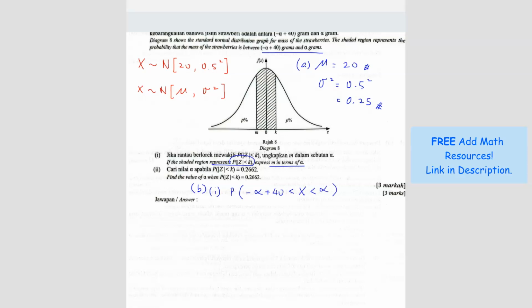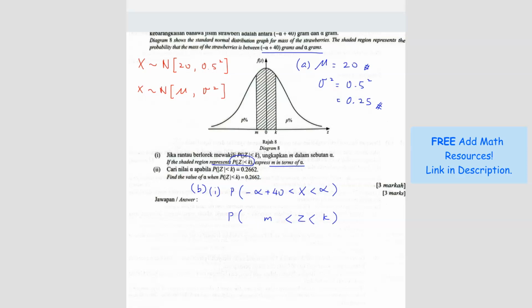If I change it in terms of probability, or I mean change normal distribution, then it's going to be z in the middle here, and this one is m, and this is k. Because m here, k here. So we can represent this way. Since we are finding m, I'm going to compare this.